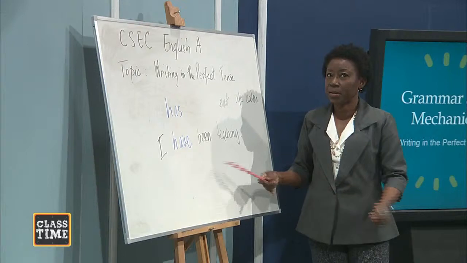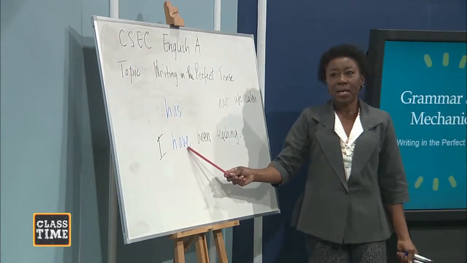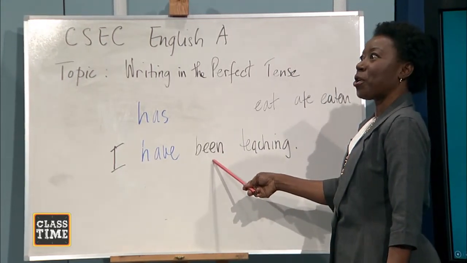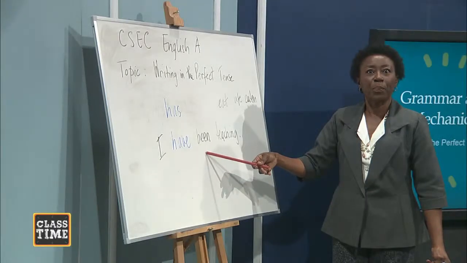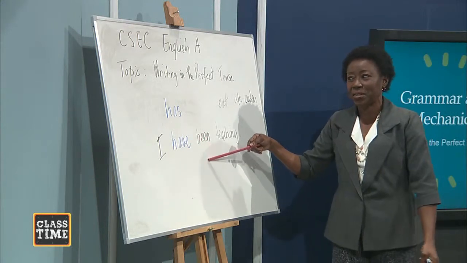How do I arrive at this? The present tense, no. But I started before now. So I use the past participle form. So I create the perfect tense.